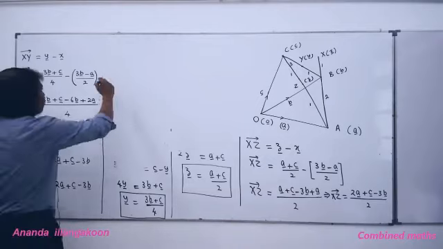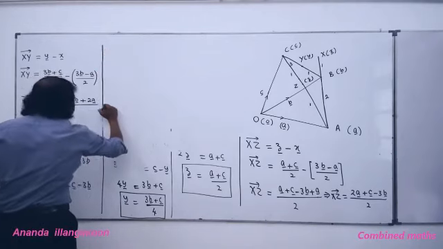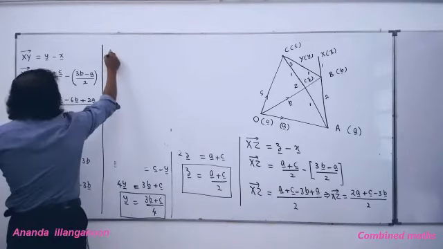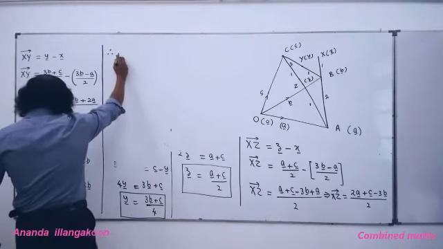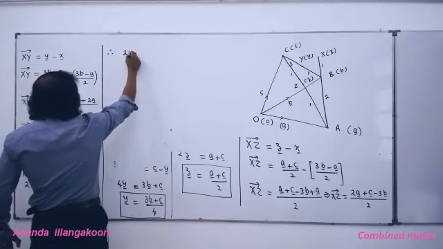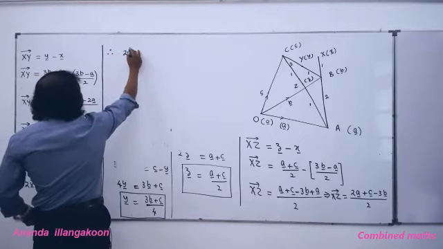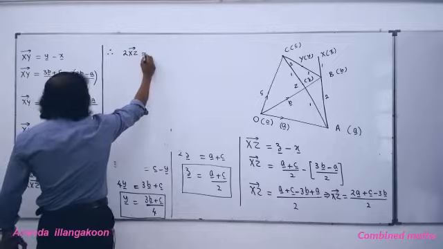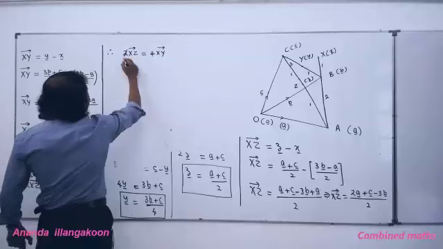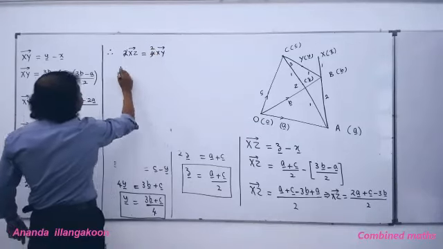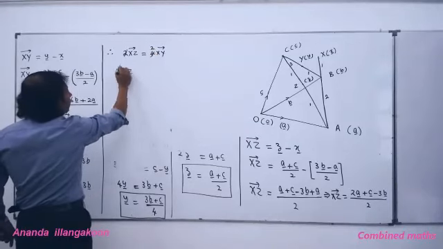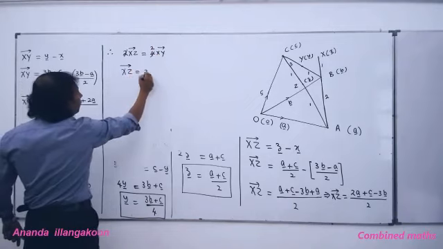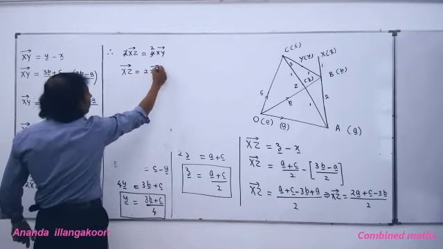Then we can write, therefore, 2 times xz vector is equal to 4 times xy vector. We can cancel the 2 like this. The xz vector is equal to 2xy vector.